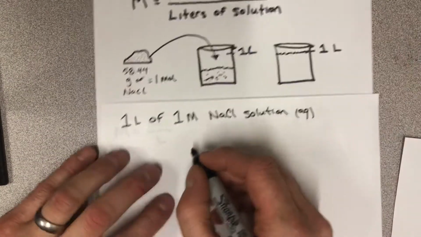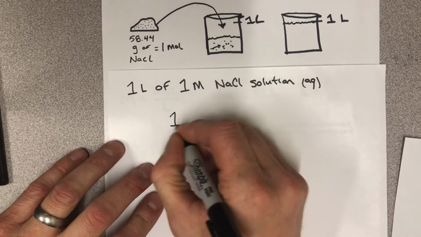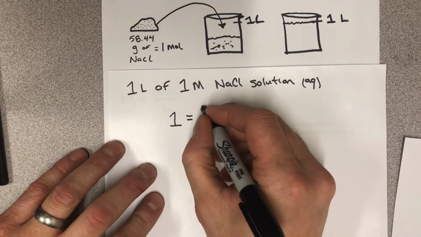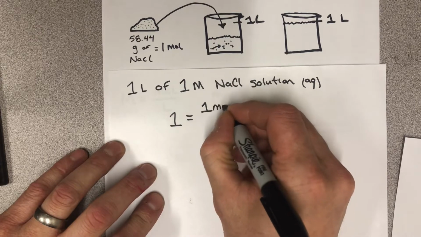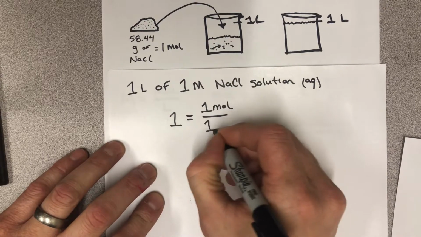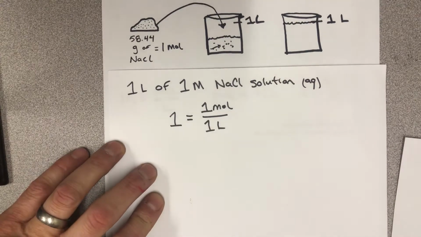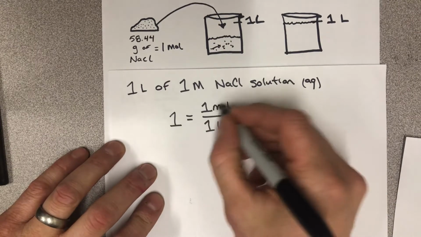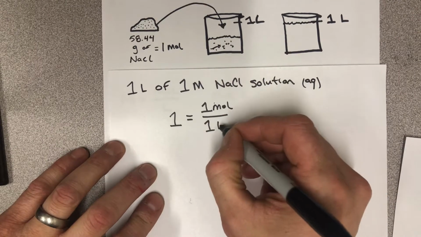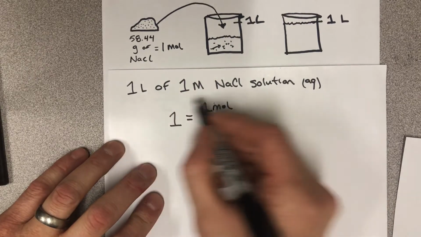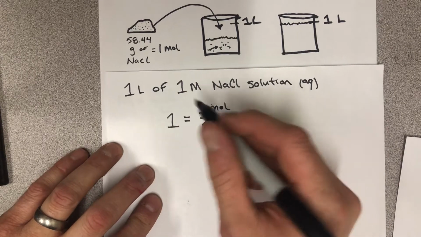If the molarity is going to be 1, that means we've got to have 1 mole over 1 liter. That means there's 1 mole of sodium chloride in 1 liter of solution, according to what we're trying to make here.